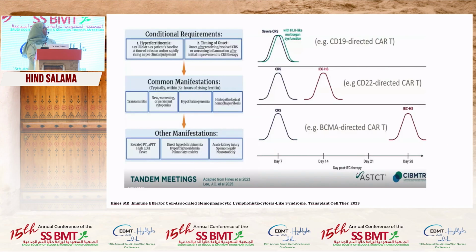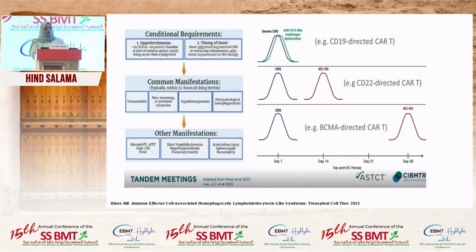So in the next slide, we'll see the conditions required, again, hyperferritinemia, and Melissa used 2 or more times upper limit of normal. And many adult HLH physicians criticize this because, again, she's a pediatrician, so the 2 or more of upper limit of normal is nothing for adults. So most of the adult HLH experts use 7,500 or more to make it like a sensitive marker of IEC-HS.